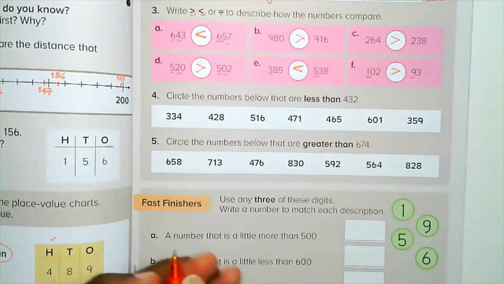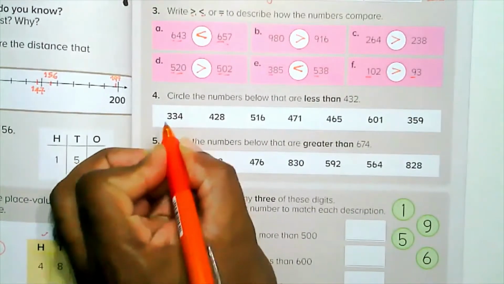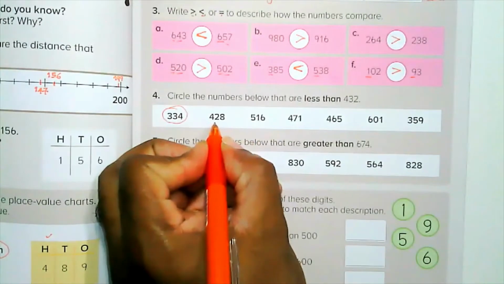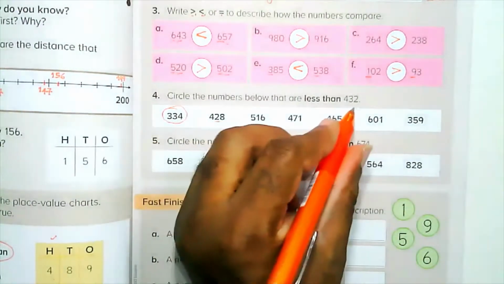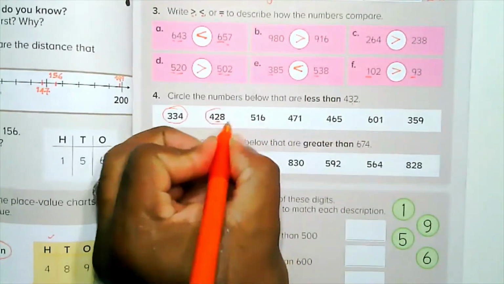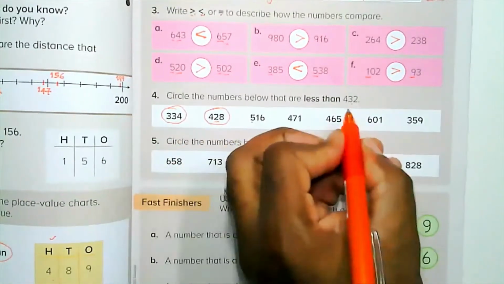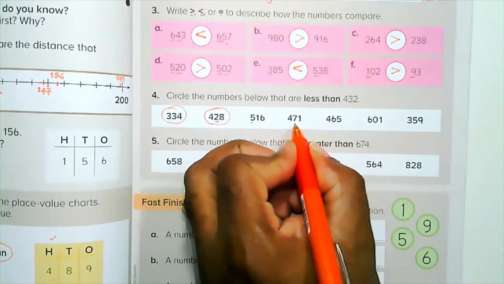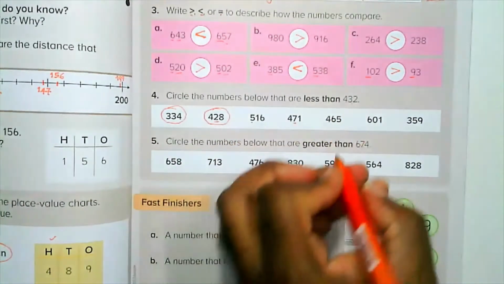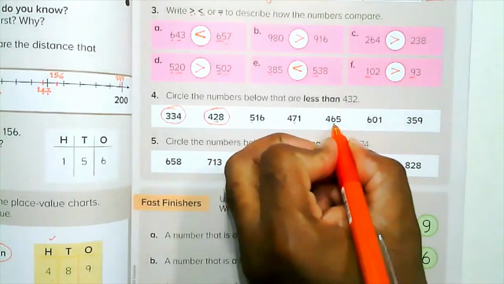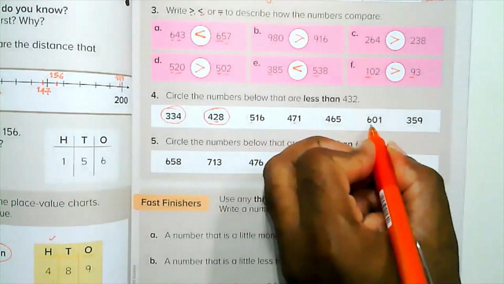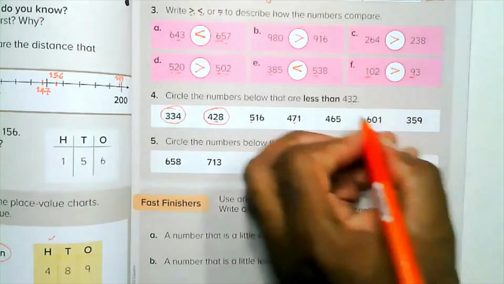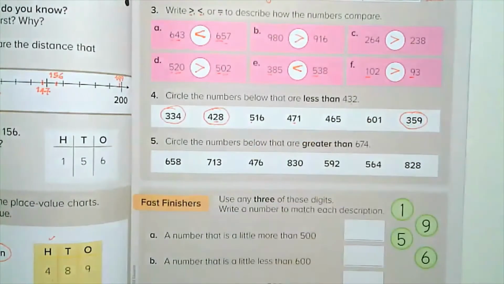So we have 300 is less than 400, so we circle that. 2 tens is less than 3 tens, so we circle that. 500 is more, so we don't circle. 7 tens is greater than 3 tens, so we don't circle that. 6 tens is also greater. 600 is greater. 300 is less, so we circle that.